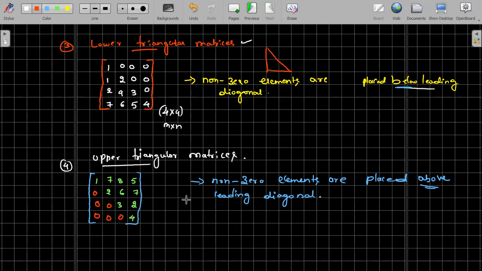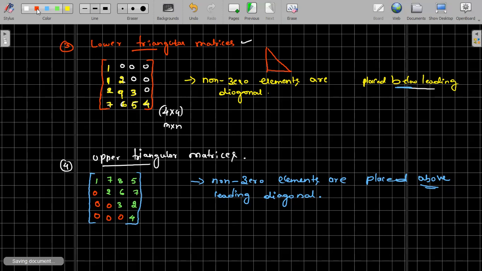So this is what we call upper triangular matrices. Above the diagonal you can find the elements; in the lower one, below the diagonal you can find the elements. That is what you can see. I think you will be able to understand this.